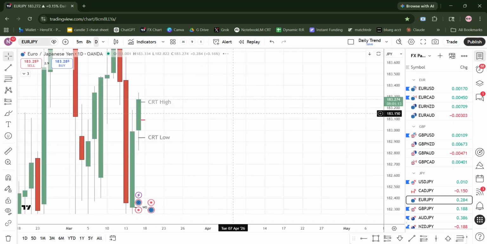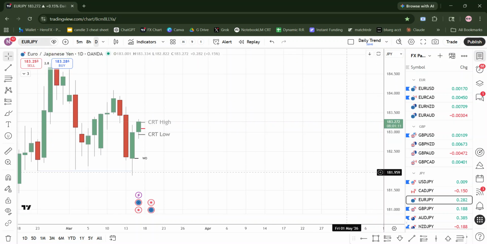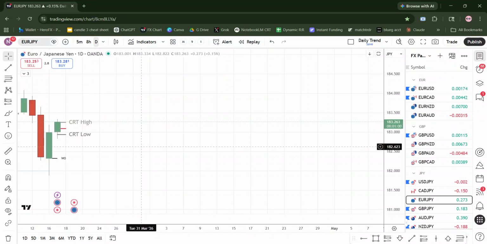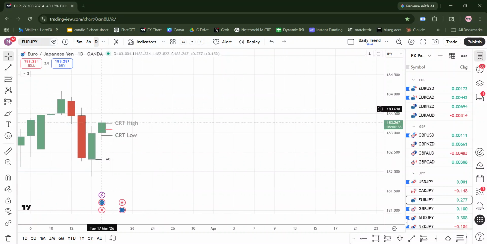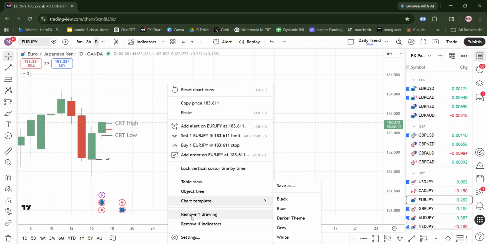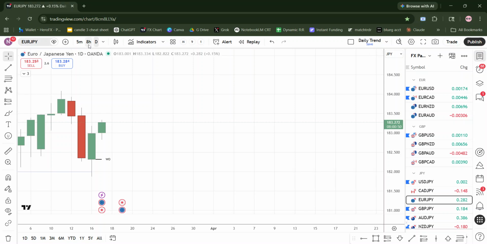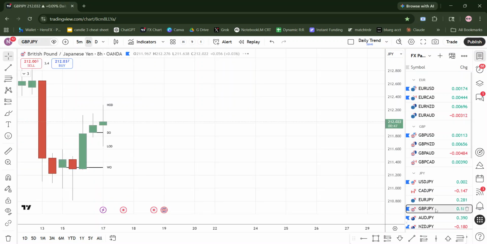So if we go back out to the daily, you got kind of an imperfect CRT, candle 1, candle 2, candle 3 right here, and then candle 4 continuation. And then this could be candle 1, candle 2. See, so this right here could be candle 3 long because it swept this low, closed inside of it. So this one I'm going to forego. I'm not going to trade that one. I just believe there are better setups.